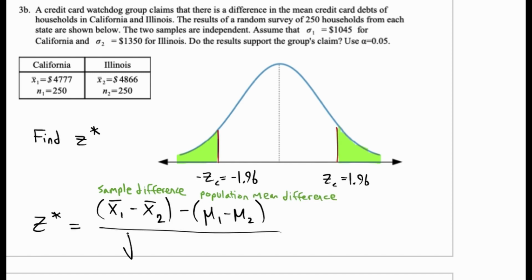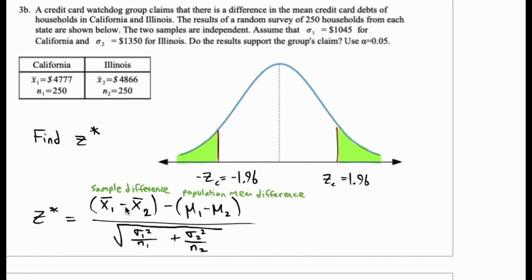And then we put that over the standard error that we had calculated earlier, which is the square root of sigma 1 squared over n1 plus sigma 2 squared over n2. The x bar 1 minus x bar 2 can be easily calculated from the sample statistics here. I had calculated it earlier, actually.